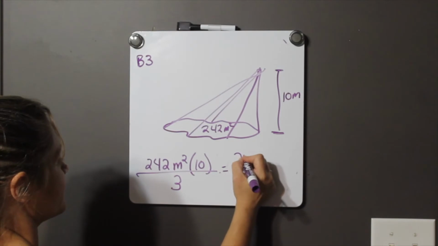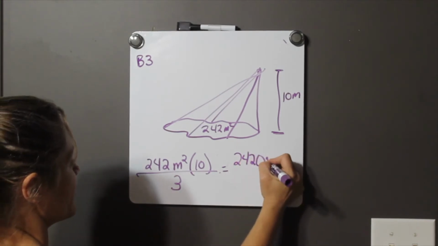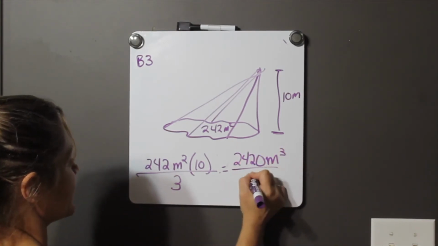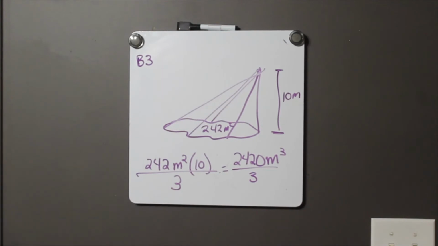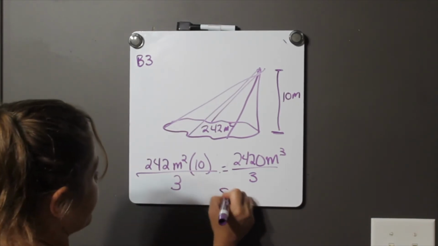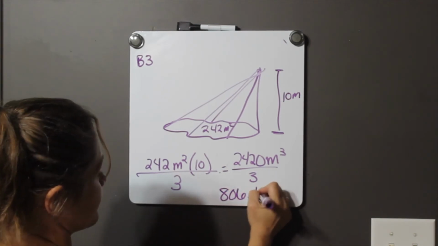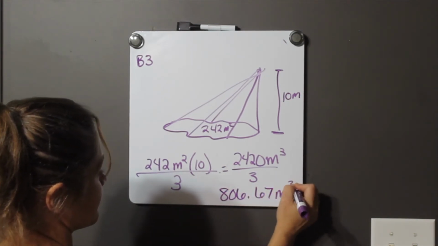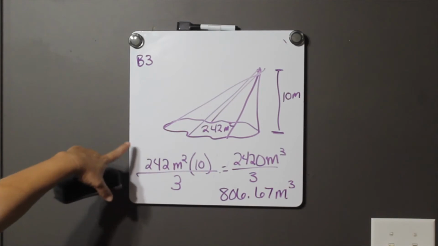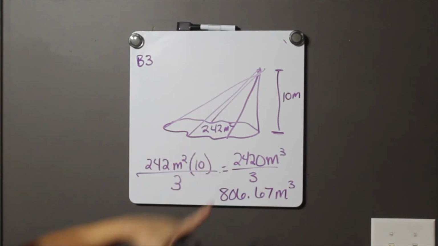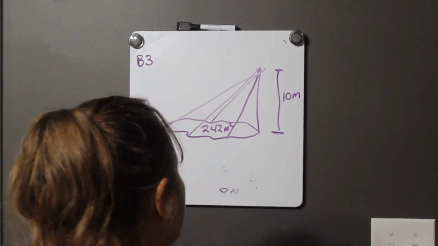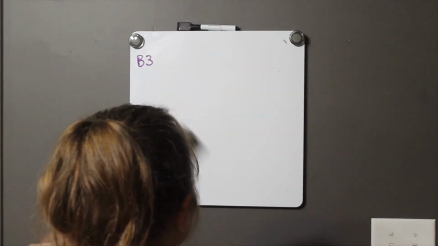So that would be 2,420 meters cubed divided by 3, which equals 806.67. Alright, so if it's a crazy pointy cone thing, you just divide it by 3. Area of the base times the height divided by 3. If it's a sphere, you have to multiply it by 2/3.